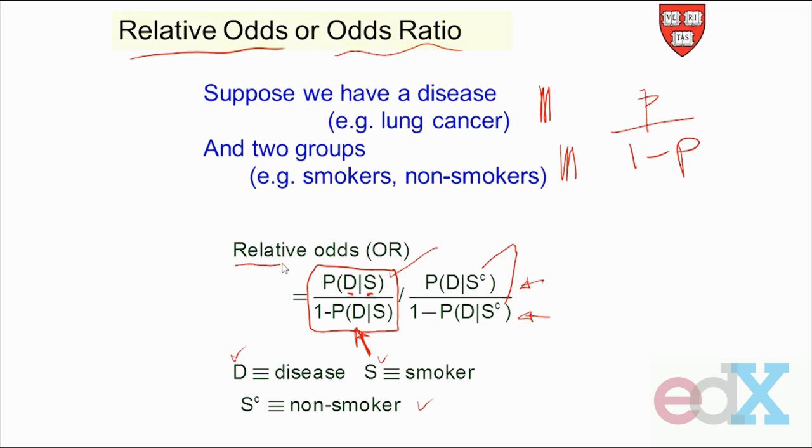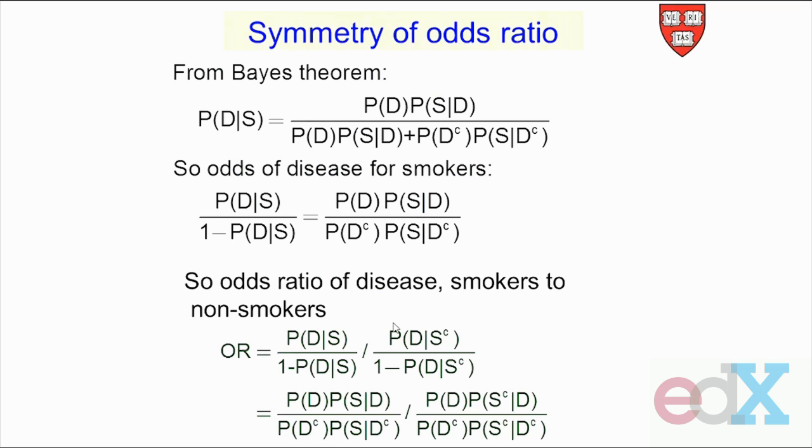And it's relative odds, or odds ratio. So you divide the one by the other. There's the division. So that's the relative odds of the disease for smokers relative to non-smokers. Now, from Bayes' theorem, the probability of the disease for smokers is, now remember, we could flip it around.